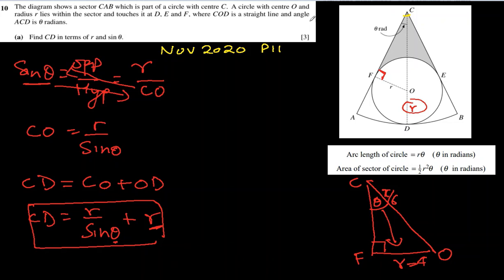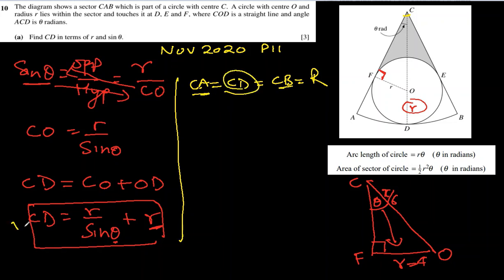So we can write it here. CA equals CD equals CB equals the radius. I'm writing capital R because it is different from this r. Since CA and CB are part of the perimeter of the sector, we will use both of them in terms of CD now. We already know CD is this.